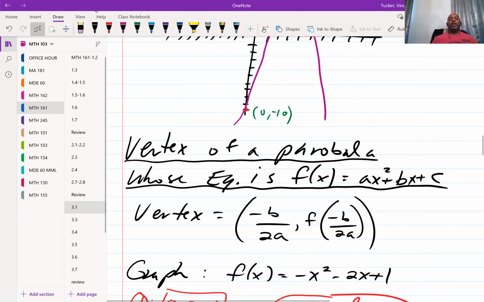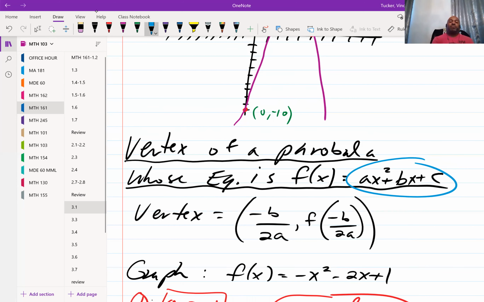All right. So now let's say our quadratic equation is not set up in that standard form. Let's say it's set up in our general form. I think that other book I used called this one the standard form, but anyway, it doesn't matter what you call it. It's in this form right here.